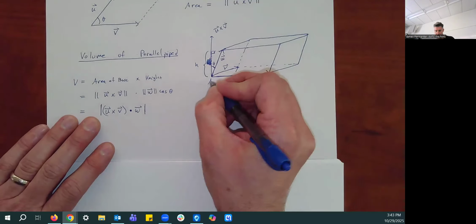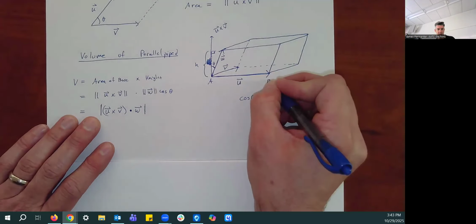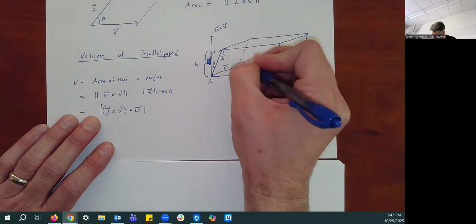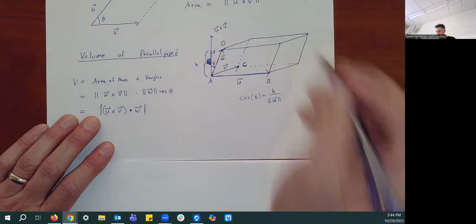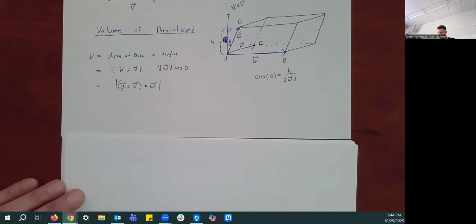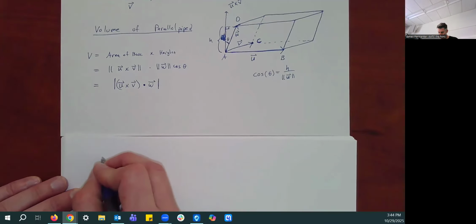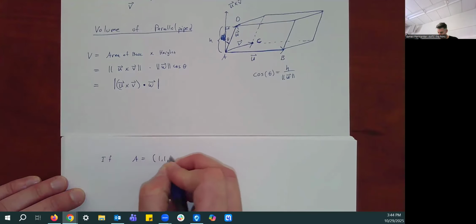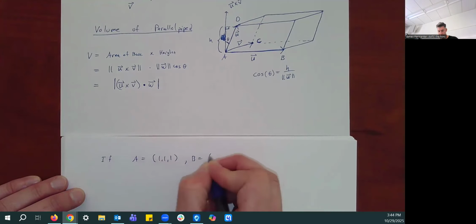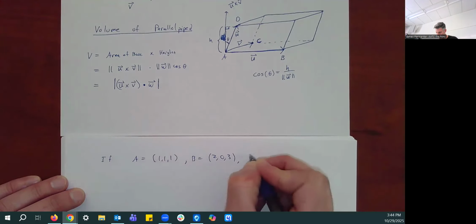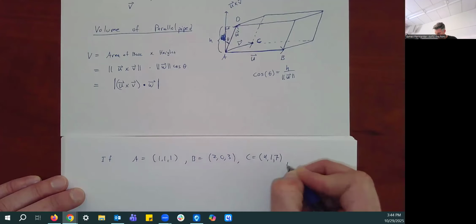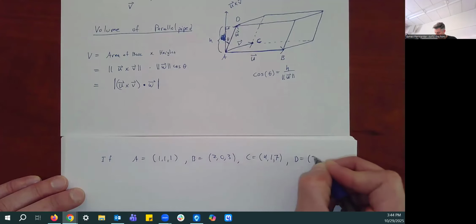Let's call this point A, this point B, this point over here C, and this point up here D. Then we can say that A is equal to the point 1, 1, 1, B is equal to the point 2, 0, 3, C is equal to the point 4, 1, 7, and D is equal to the point 3, negative 1, negative 2.